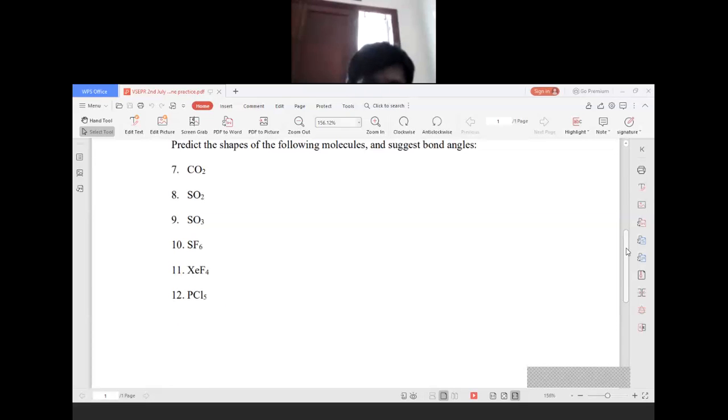CO2, carbon dioxide. In carbon dioxide, there are 4 bond pairs.